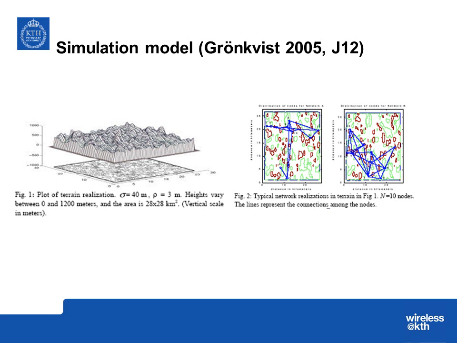So far we've been dealing with very, very simple interference models. So what happens if we actually apply signal to interference ratio based models? Work of this type was done by Grönkvist in 2005, where he used a terrain simulation, an actual terrain, and placing random nodes in this terrain gives various network realizations, as in the figure on the right hand side.